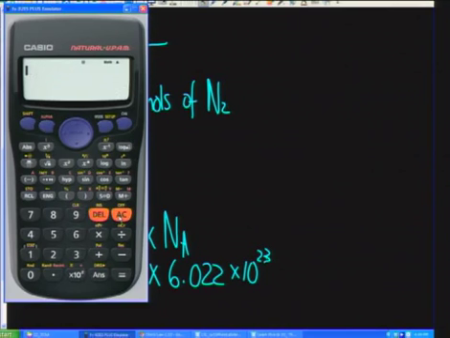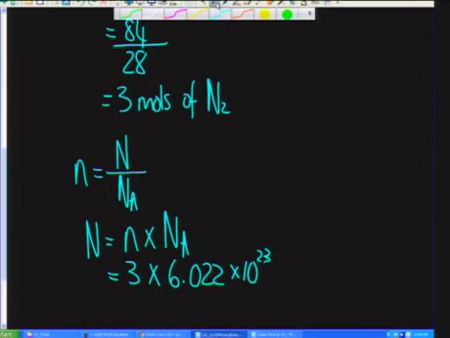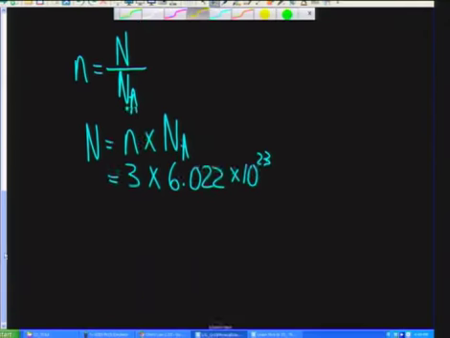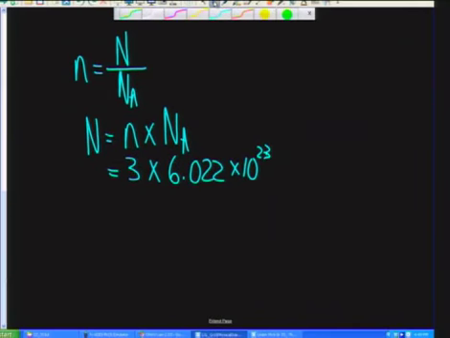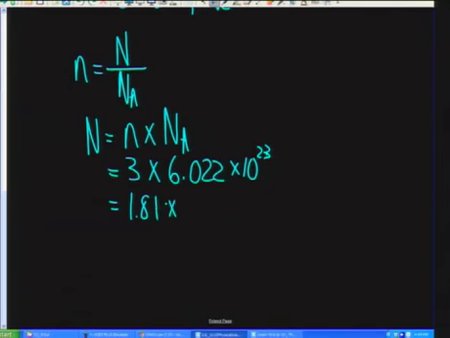Calculator, 3 multiplied by 6.022 times 10 to the power of 23. 1.81. You see I'm rounding that off? It would be 1.806, so 1.81 times 10 to the power of 24. So let's go. We've got 1.81 times 10 to the power of 24 particles.